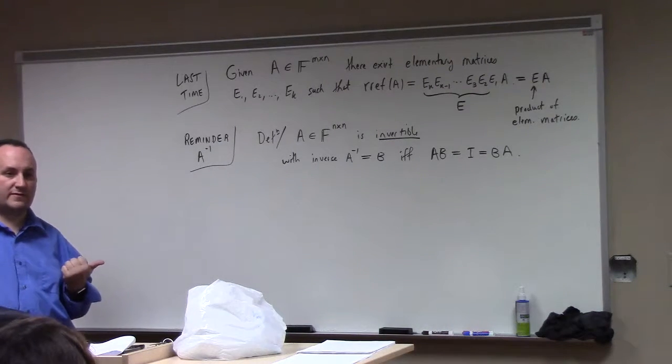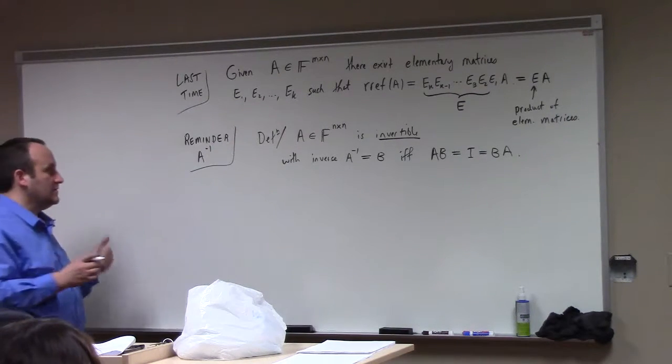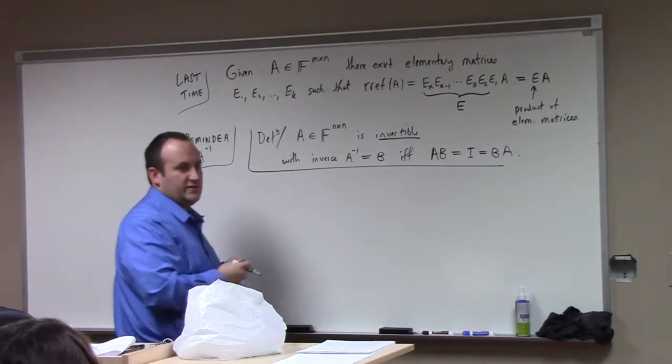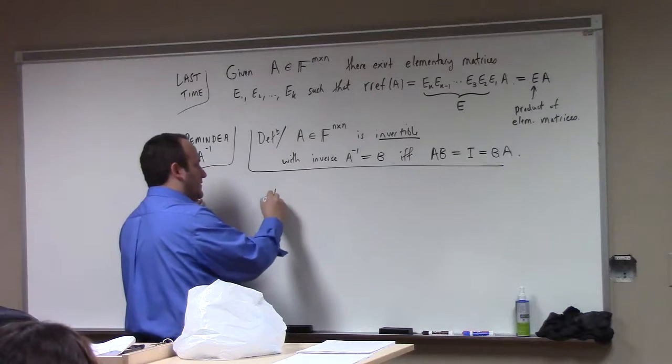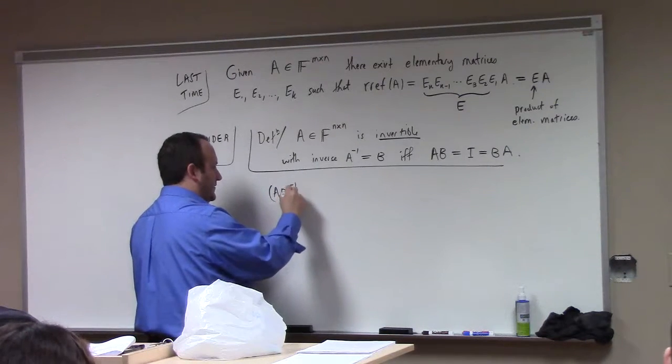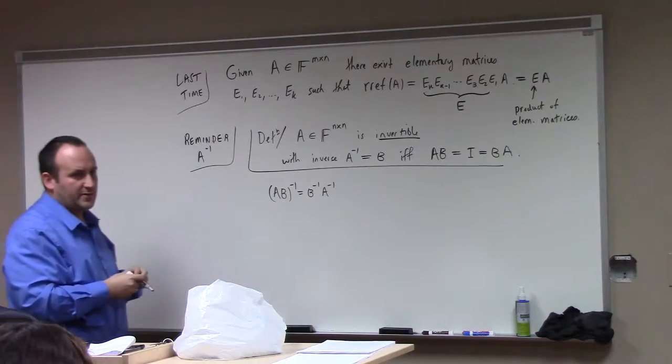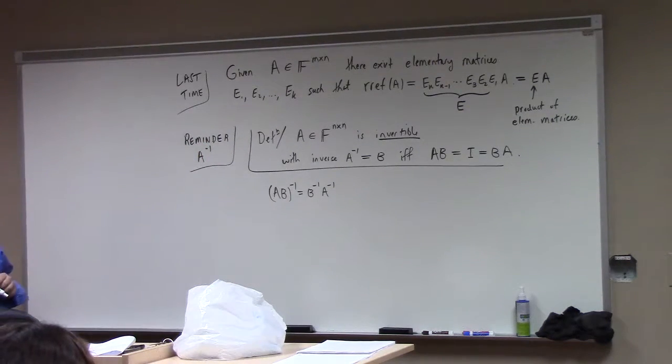What else did we prove about inverse matrices? Just a few basic properties. We proved, for example, that AB inverse is equal to B inverse, A inverse. If A and B are both invertible, then the product is invertible, and that's the formula for its inverse.